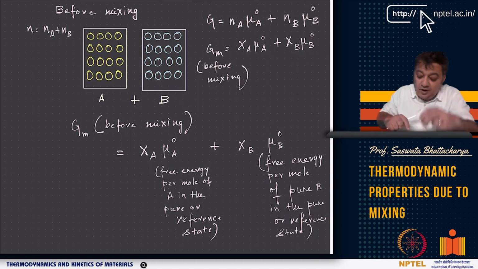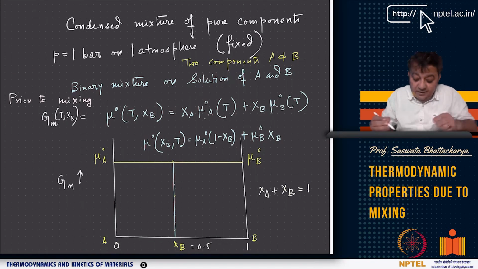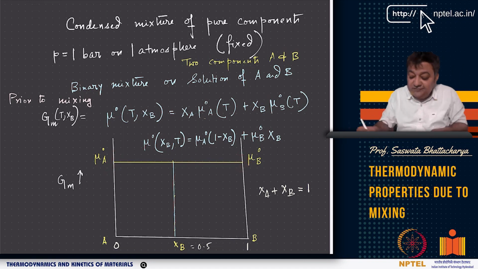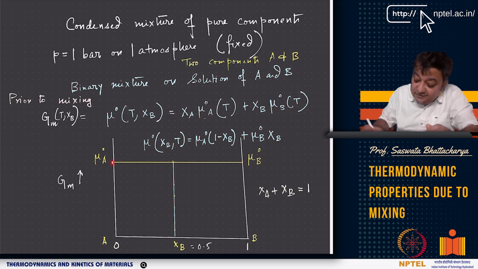Now if you plot these, say for example mu A 0 is this point and mu B 0 is this point. Say we are assuming for simplicity mu A 0 and mu B 0 to be at the same level. Then this is Gm, and this is your composition xb.